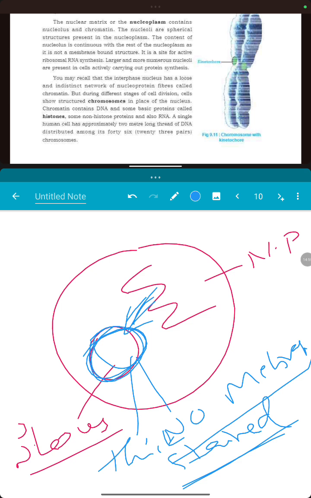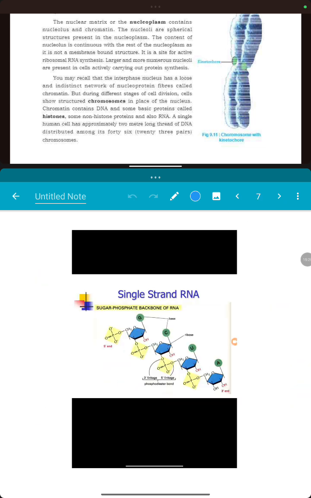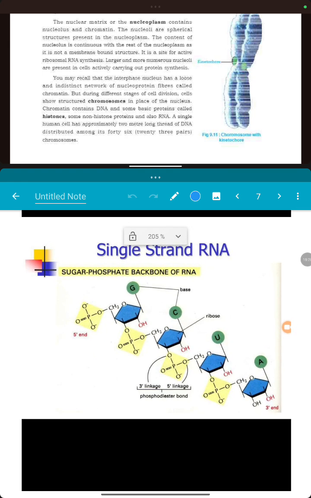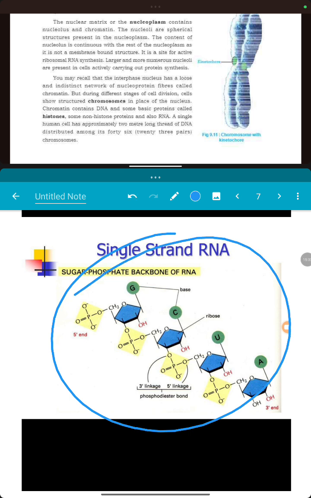Larger and more numerous nucleoli are present in cells actively carrying out protein synthesis. See this one, which was not membrane bounded, means it has no membrane, but to show it has no membrane, we had pictured it as a membrane. Inside it only ribosomal RNA will be present. Ribosomal RNA will look like this. This one was present inside the nucleolus. Inside the nucleolus, single stranded RNA will be present. This will get modified.